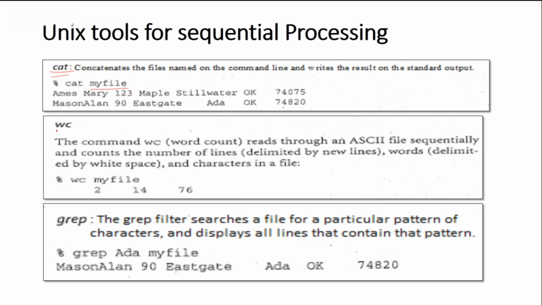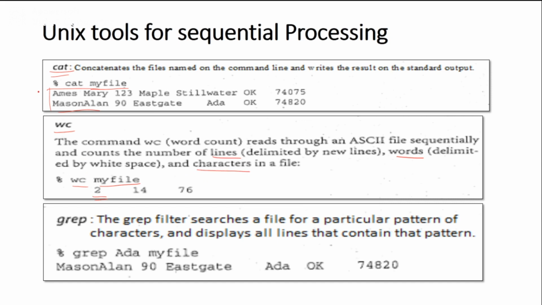Next we have wc. wc is nothing but word count. If I write wc myfile, then in that particular file, it reports how many lines you have, which here we can call the number of records, that is 2 records, and how many words and characters.